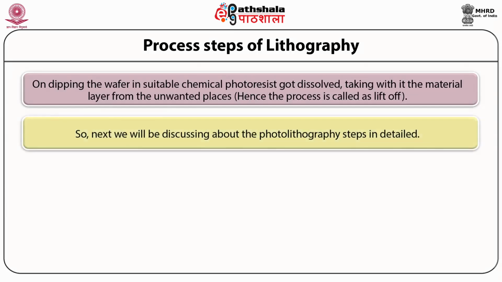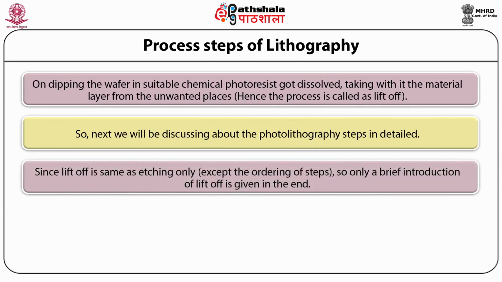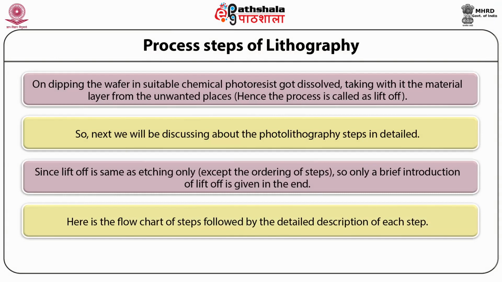Next we will discuss the photolithography steps in detail. Here the etching part is discussed in detail, since liftoff is the same as etching except for the ordering of steps, so only a brief introduction of liftoff is given in the end. Now let's see the flow chart of steps, followed by the detailed description of each step.